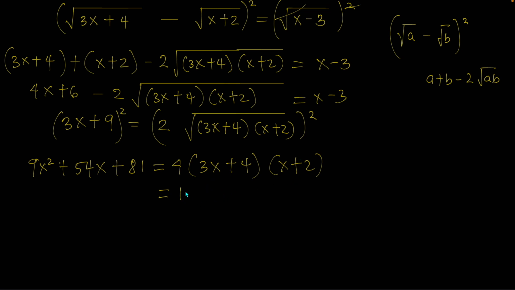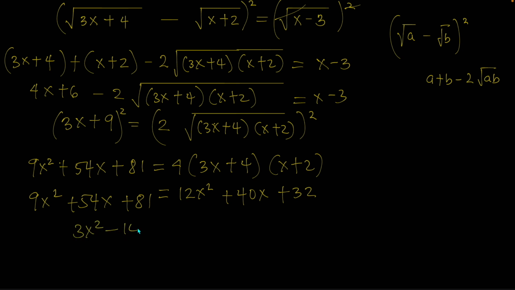So this gives 12x squared plus 40x plus 32. Now putting that side by side with what we already have, plus 54x plus 81, we simplify and know that you have 3x squared minus 14x minus 49 equals 0.